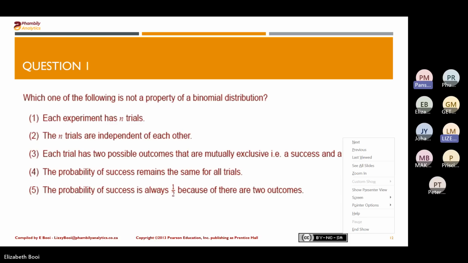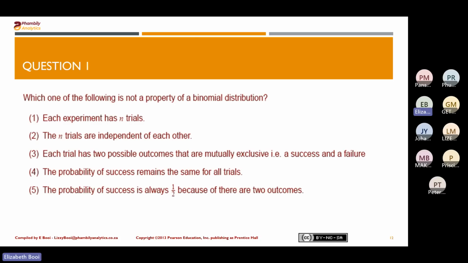Option 4. It will be option 4, because option 4 says the probability of success remains the same for all trials. It cannot, because if I've got a die and I've got a coin, the probability of success for each one of them won't be the same. It will be different.